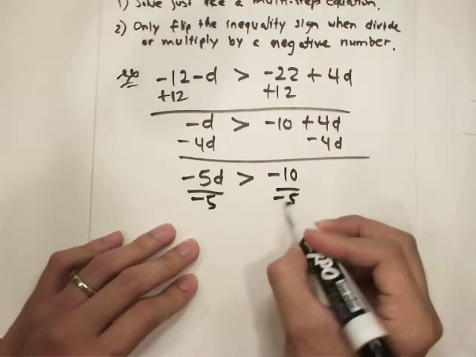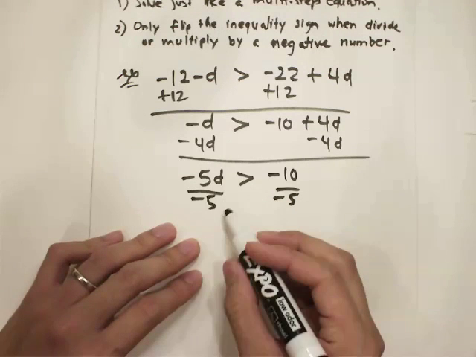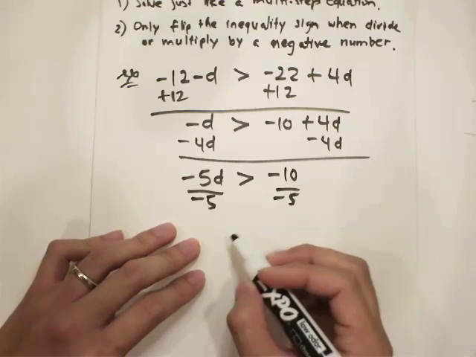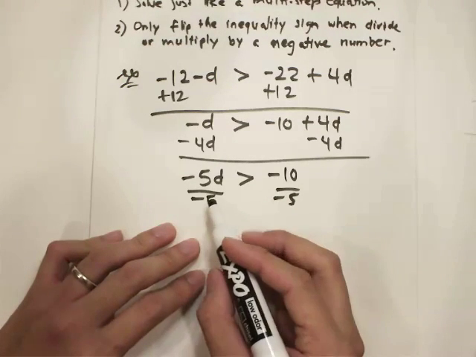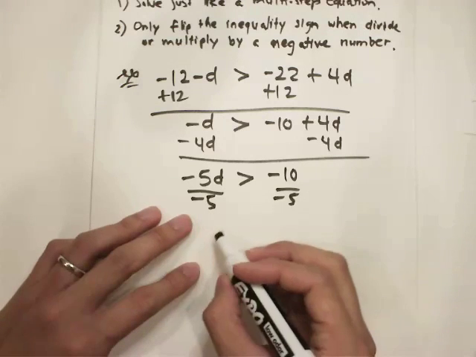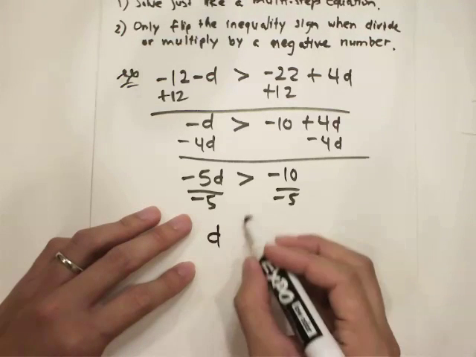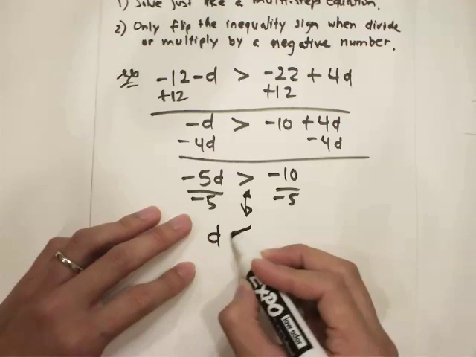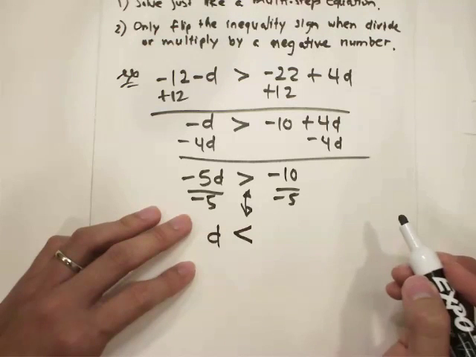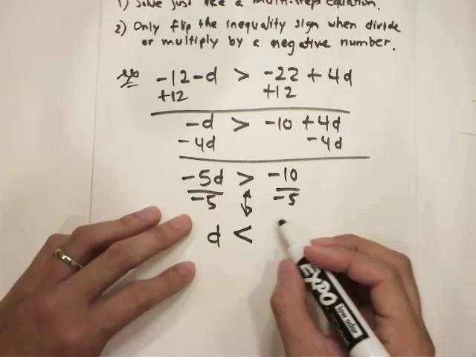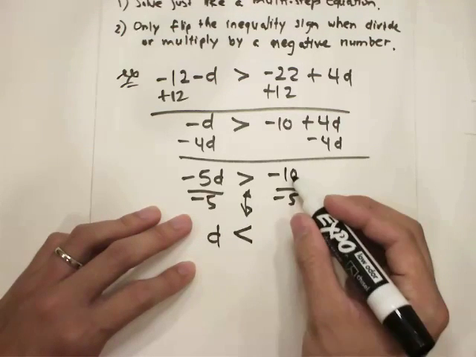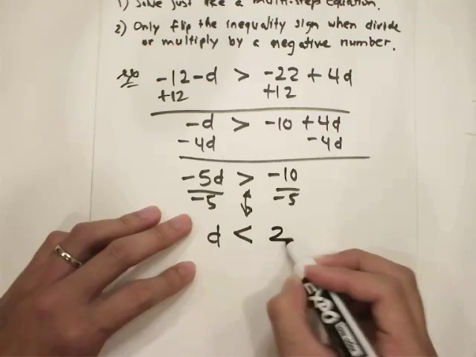Notice that this is your last step before obtaining d by itself. Because this is the last step and you are dividing by a negative value, don't forget that you need to flip the symbol, change its direction. So that becomes d is less than, and negative 10 divided by negative 5 is positive 2.